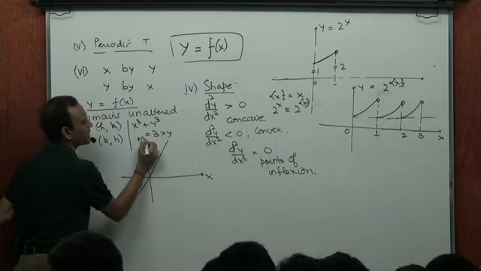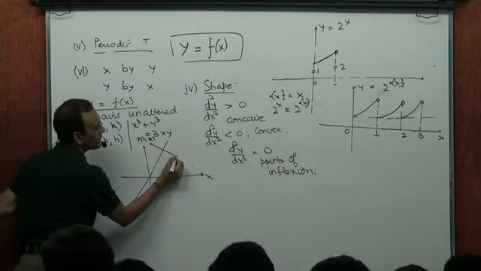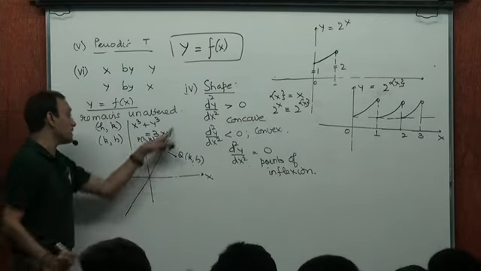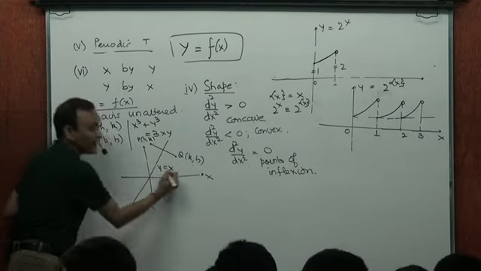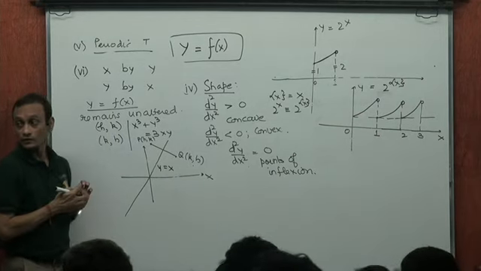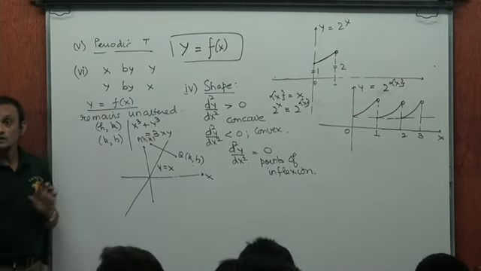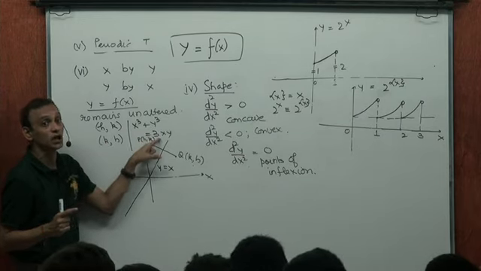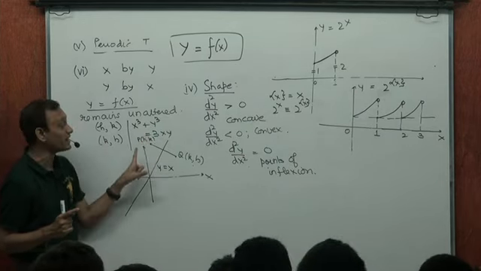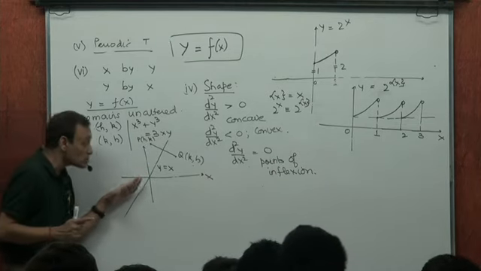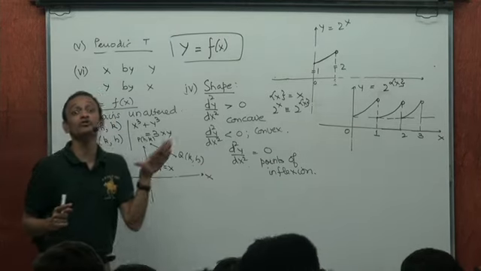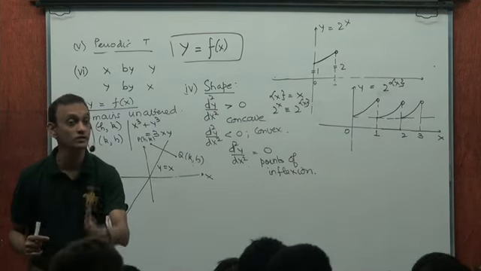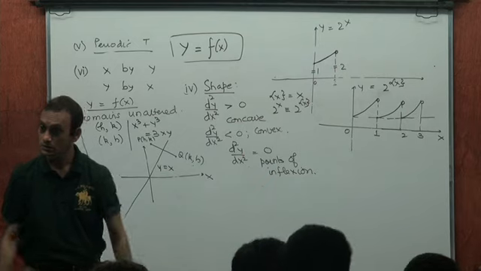If P is (h, k), then Q, (k, h), would be the mirror image of P about the line y equal to x. Right? Therefore, this graph which remains unaltered on replacing x by y and y by x must enjoy symmetry about the line y equal to x.